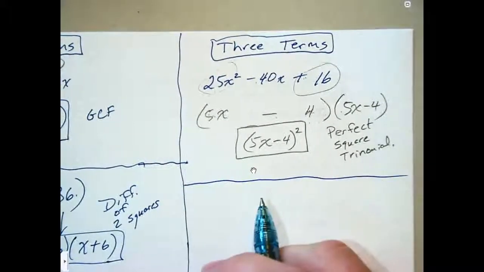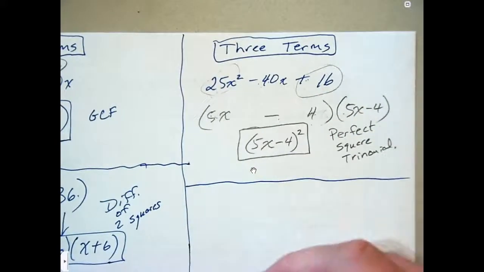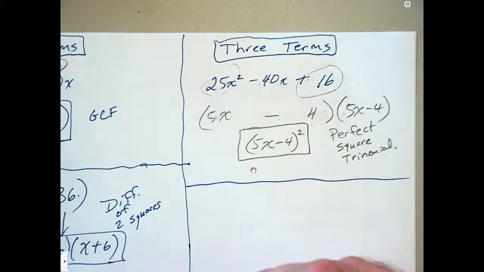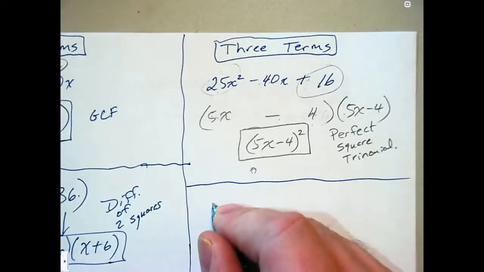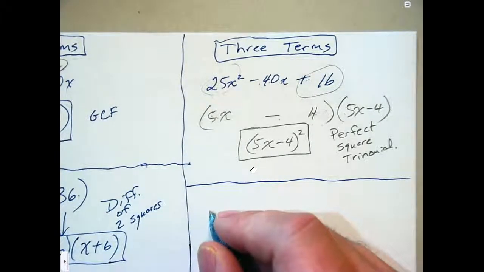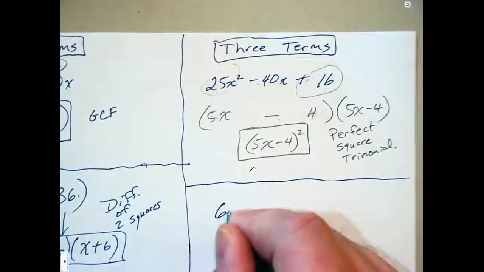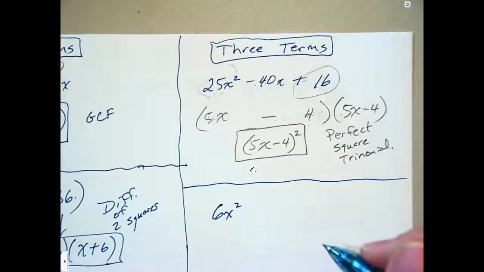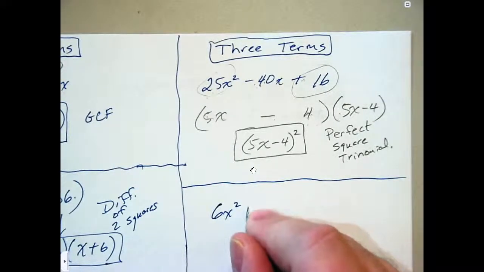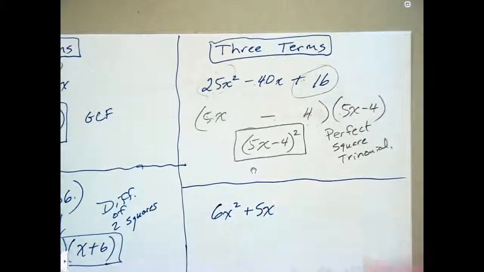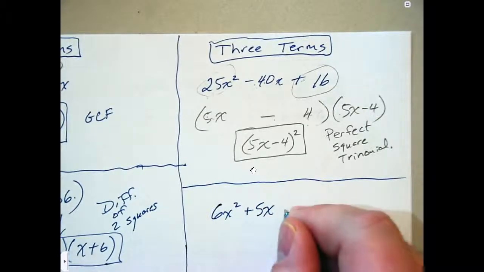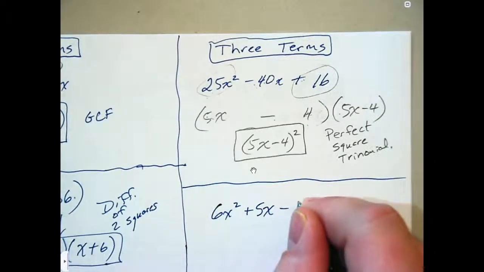The other method we use, if it wasn't a perfect square trinomial, was say you had 6x squared plus 5x minus 6.